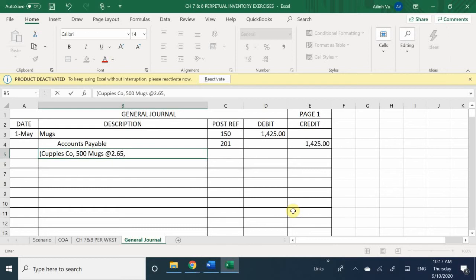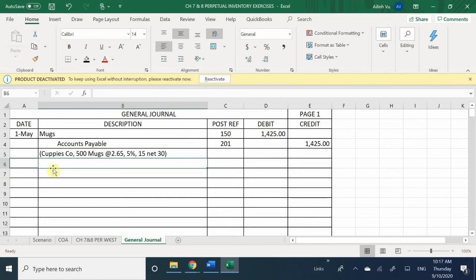Terms are 5/15, net 30. Good. As long as you have the vendor, you know what the terms are and what you originally purchased it for. That way, when you calculate it, at least you know you're keeping track of which purchase you made. Okay. Good. Now we're completely done with our journal.